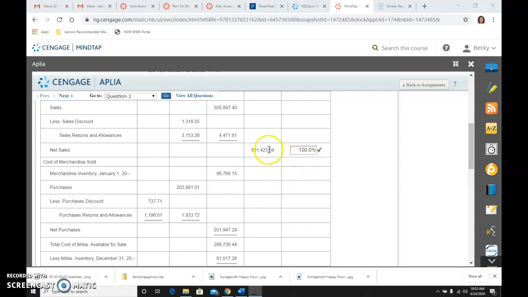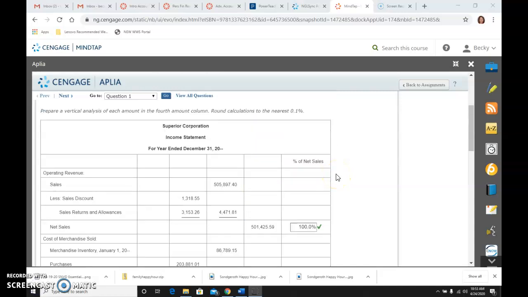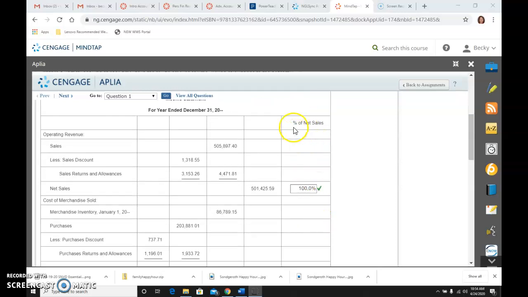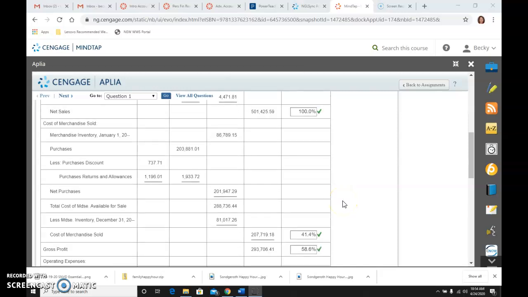And then last but not least, it wants us to do the vertical analysis and round everything to 0.1%. So everything is as a percent of net sales, so our denominator is always going to be 501,425.59. So I take 501,425 divided by 501,425, I get 100%.